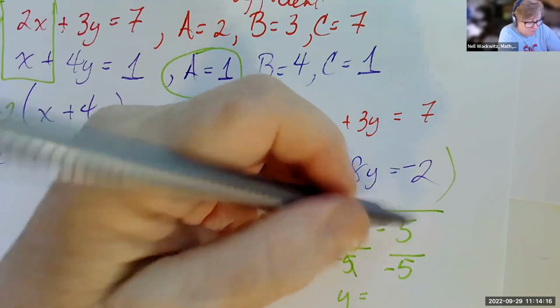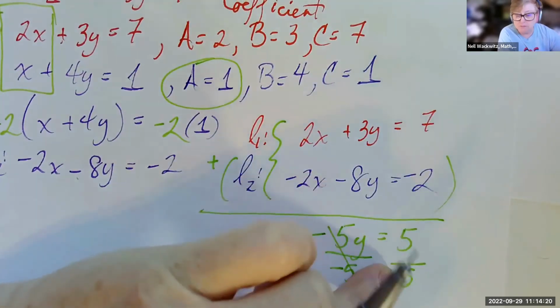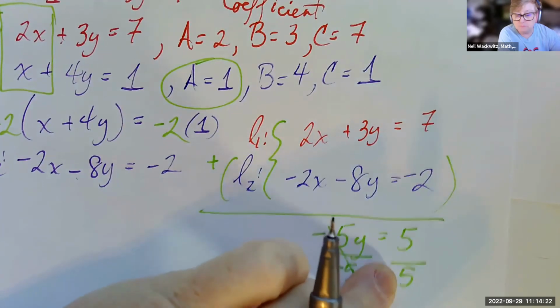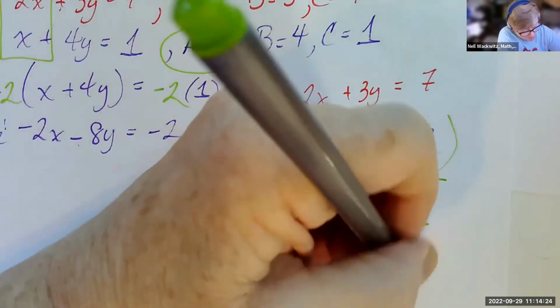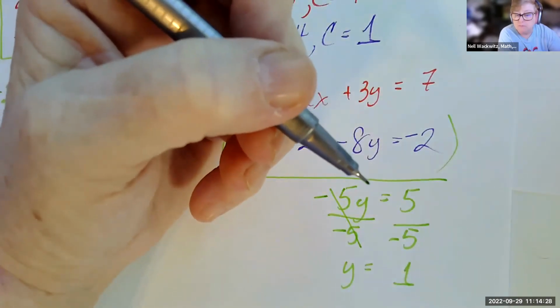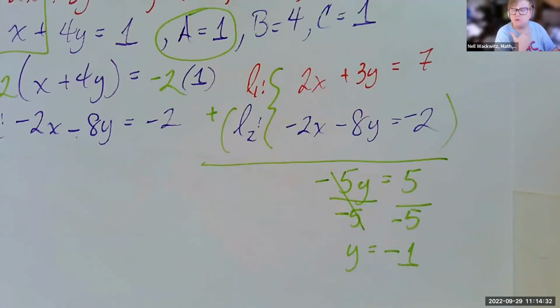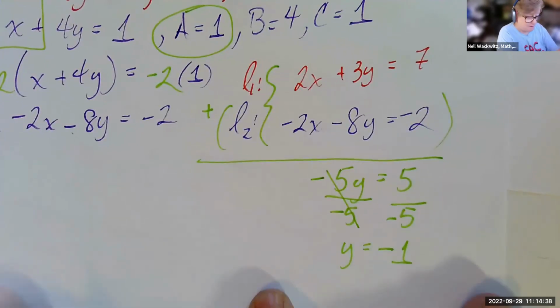And let's just do this in 2 steps. 5 divided by 5 is 1. Positive divided by negative is negative. So when the signs are different and you're multiplying or dividing, the answer is always negative. Okay, great.